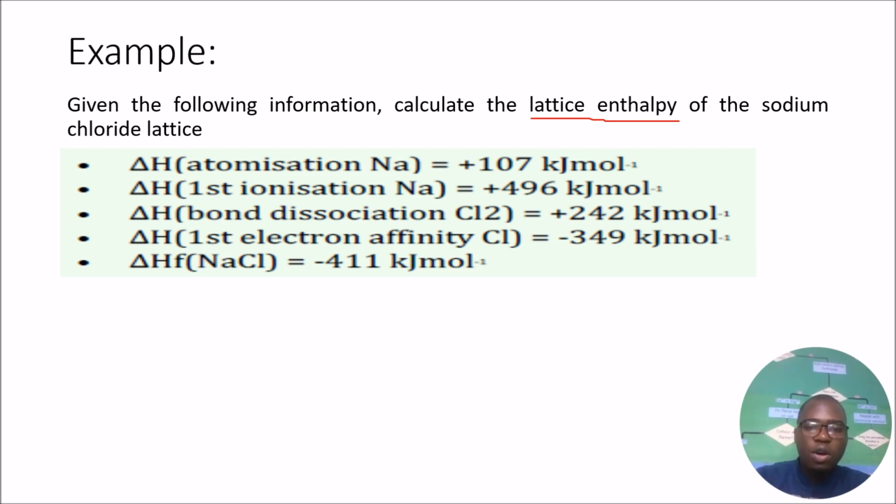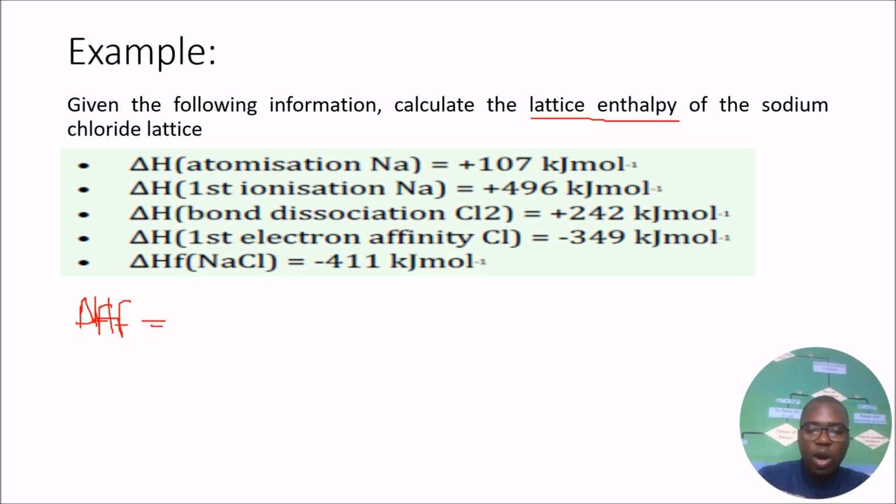Now, if you remember the formula that we had, we were saying enthalpy change of formation, okay? So delta H of formation is equal to the sum of the atomization energy, the dissociation energy, the ionization energy, and the lattice energy.